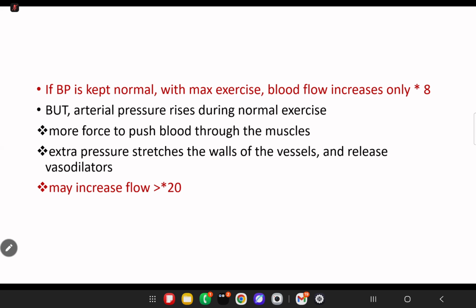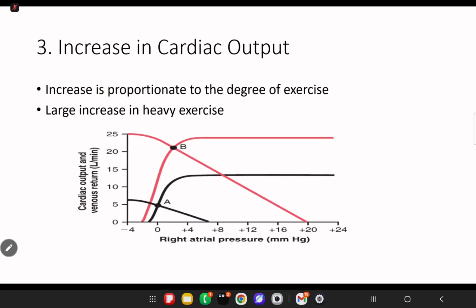All of that combines to give you an increment in your blood flow by 25 to 50 times through this increment in blood pressure. And the third method is by increasing cardiac output. Cardiac output increase is proportional to the degree of exercise. With heavy or strenuous exercise, the cardiac output increases much higher.